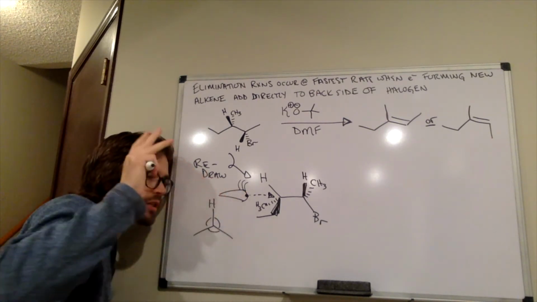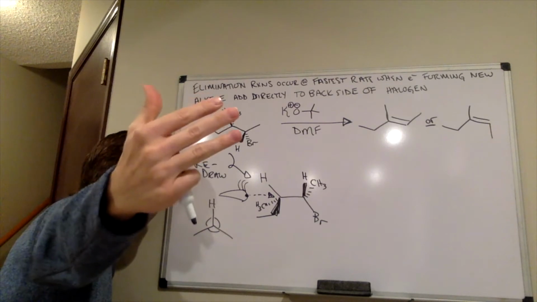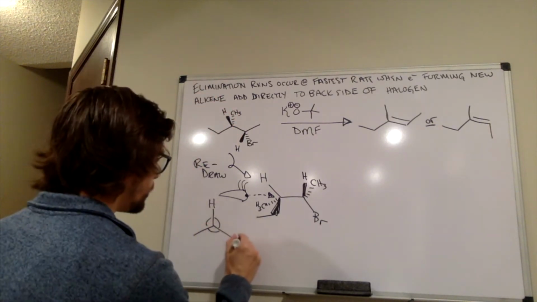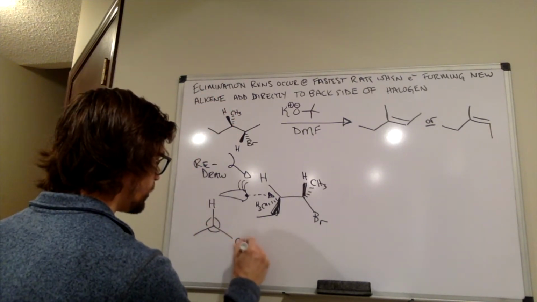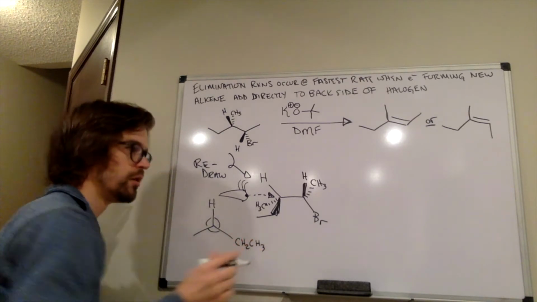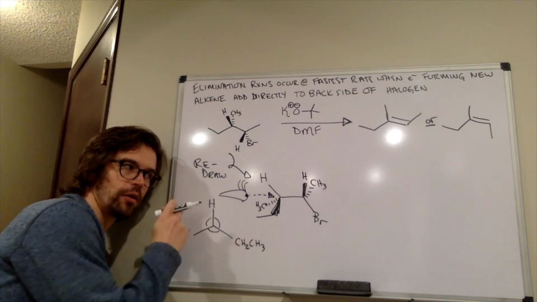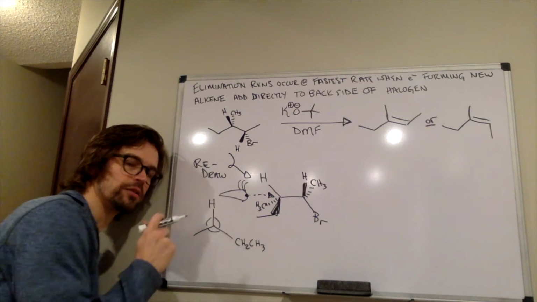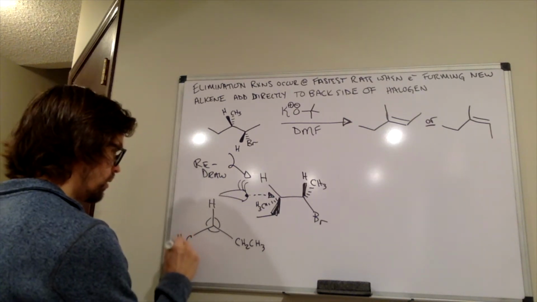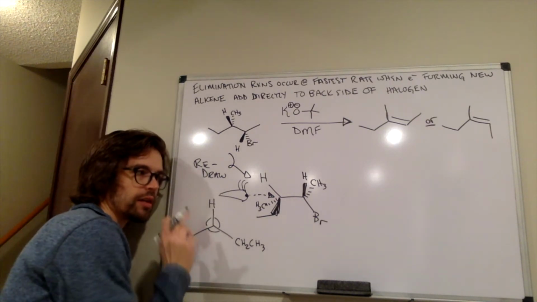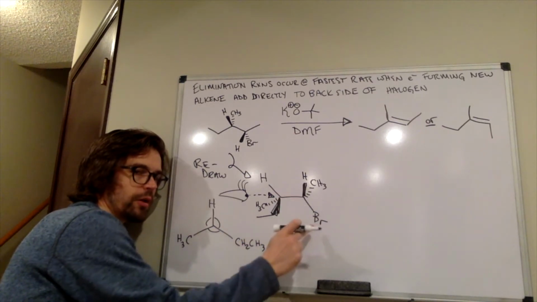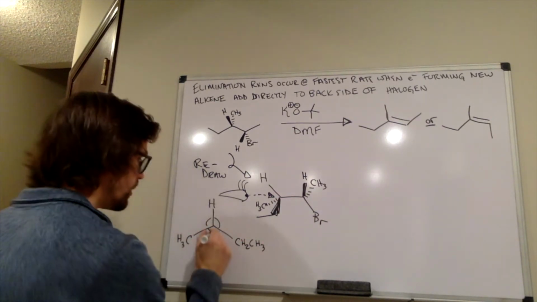The CH2, CH3 is wedged, so it's coming out toward that camera. And then the CH3 is dashed, so it's going into the board. When I look at the other side, the bromine is going down near my chin.